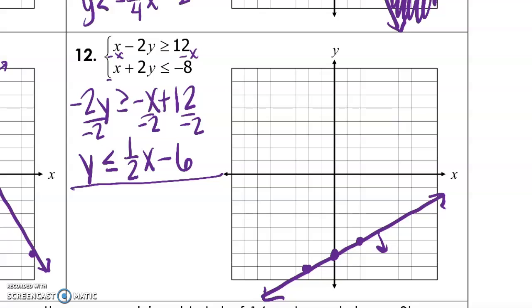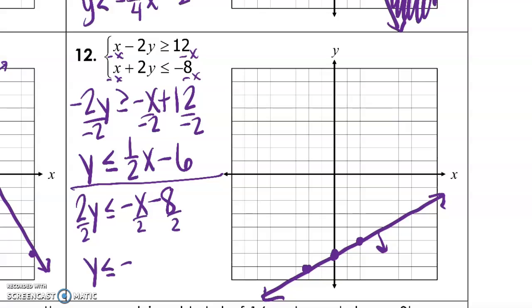The bottom one, again, you're going to start by subtracting x. So 2y is less than or equal to negative x minus 8. Divide everything by 2. Y is less than or equal to negative 1/2 x minus 4.